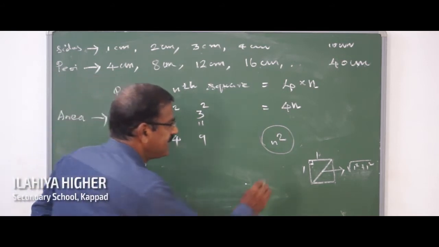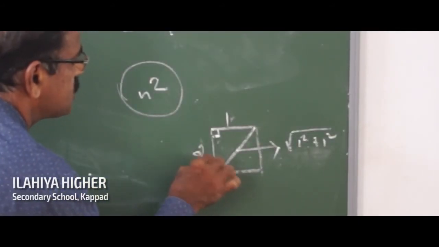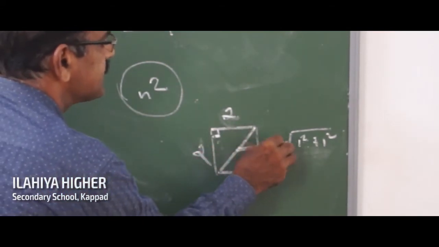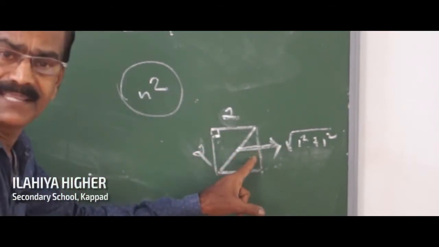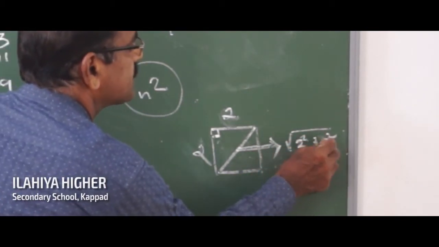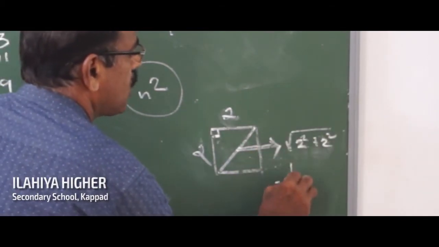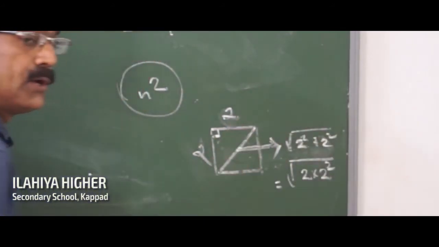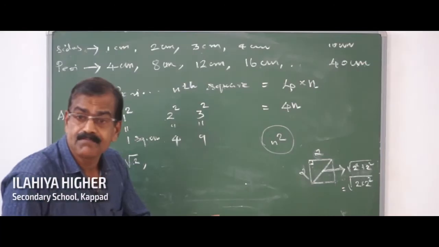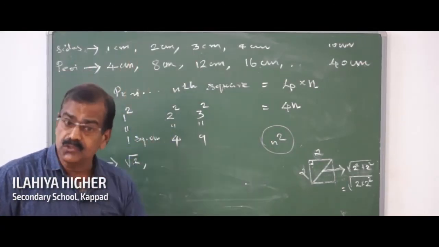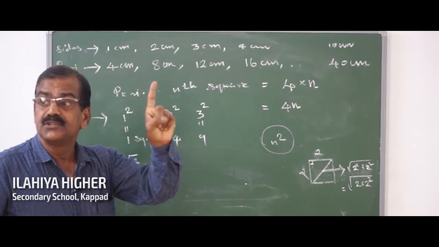See, if this side is 2, then applying Pythagoras theorem, we get root of 2 square plus 2 square, that is root of 2 times 2 square.